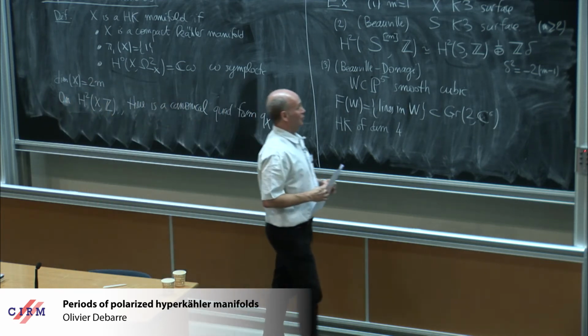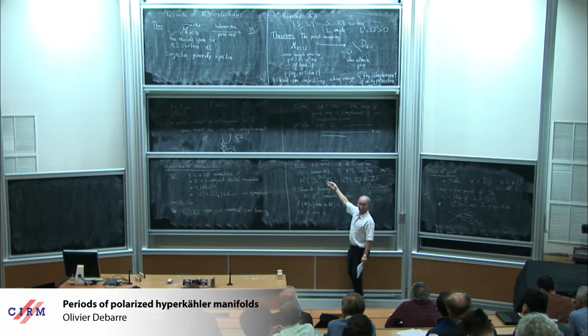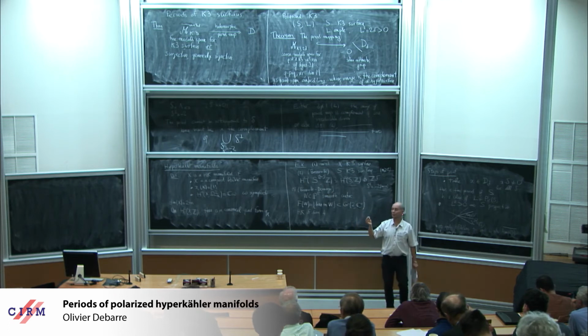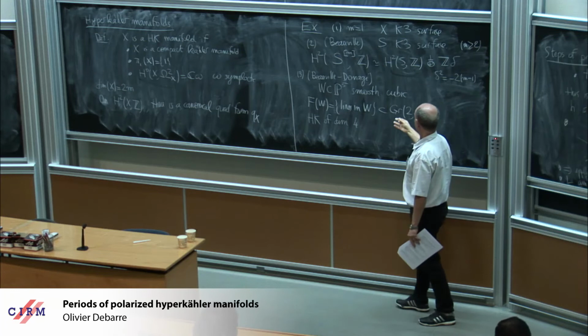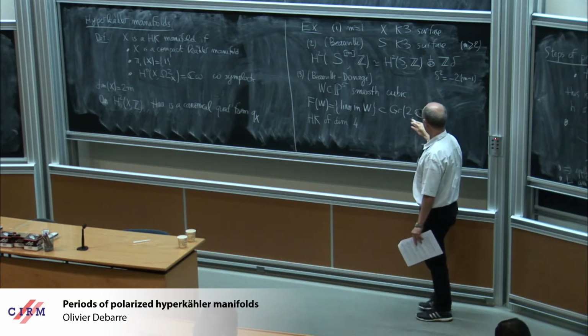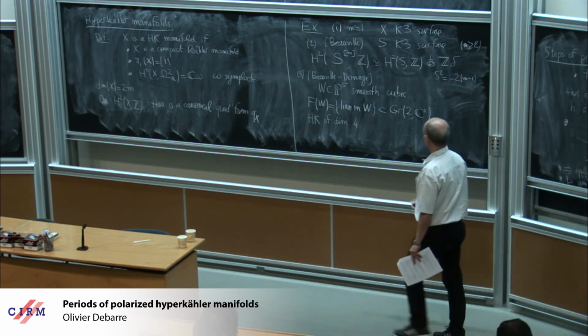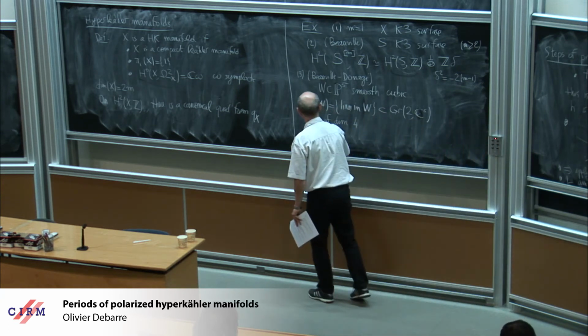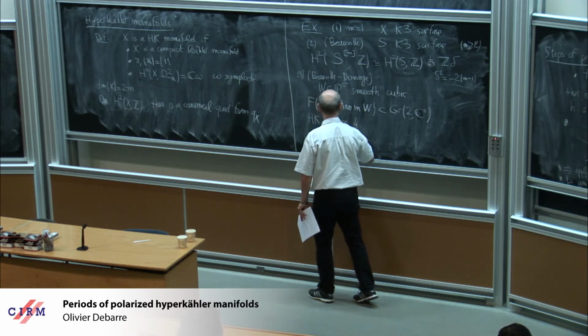So something I forgot to say is that if S is projective, S^[m] is also projective, but there is no natural polarization on S^[m], okay? Whereas here you have a natural polarization which comes from the O(1) on the Grassmannian. So H is, let's say, a natural polarization.